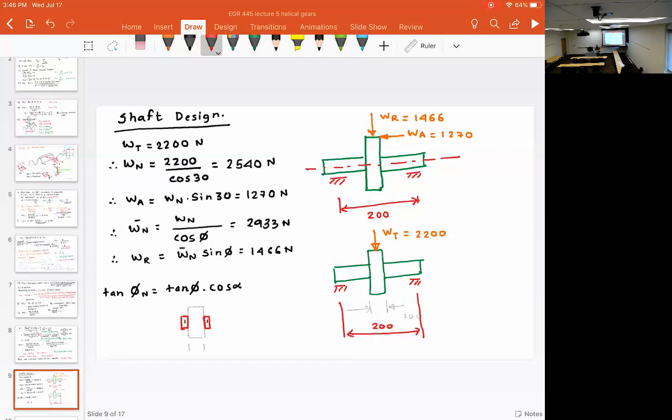It's possible, but I don't know if you can find a bearing with an overall width of 10 millimeters when your gear is 100 millimeters wide. That's why I just use this. Does it make sense? 100 millimeters is 10 centimeters.